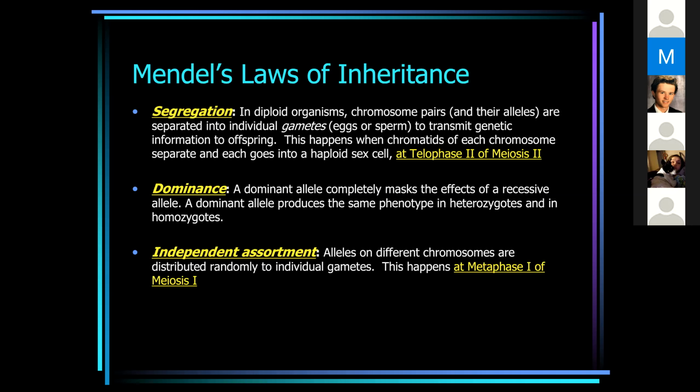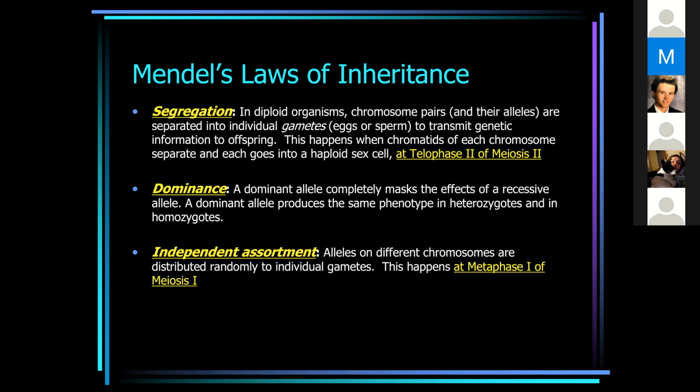Dominance: a dominant allele completely masks the effects of a recessive allele. A dominant allele has the same phenotype in both heterozygotes and homozygotes. That's dominance, another law that Mendel first established. And finally, independent assortment.